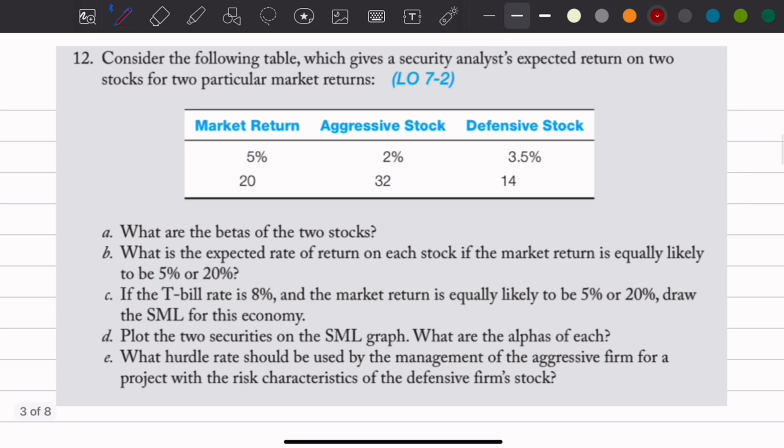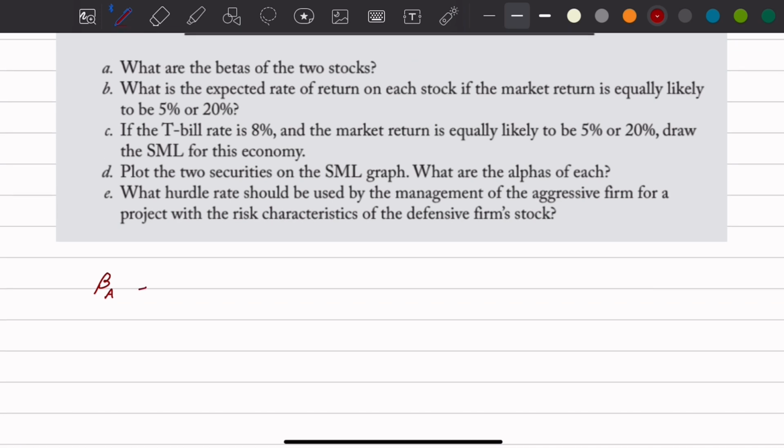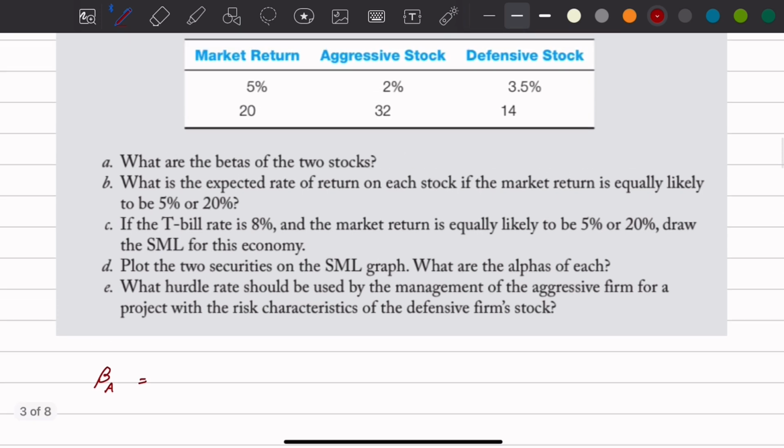We're simply going to represent, first and foremost, each stock's beta. Let's begin with beta for the aggressive stock. And to find it out, we're going to see what would be the beta if the market return was relatively high or optimistic, which is going to be 32%, and then subtract what would be the expected return on the aggressive stock if the market is relatively low.